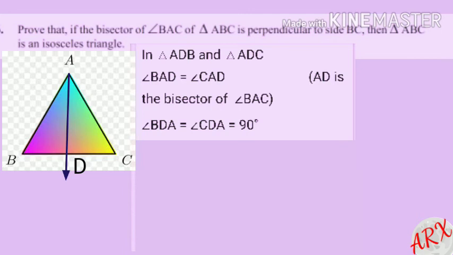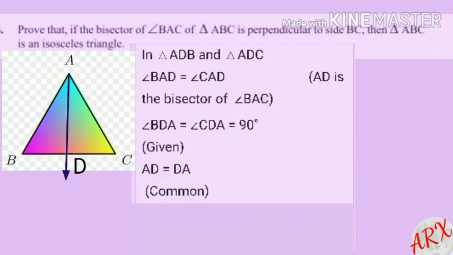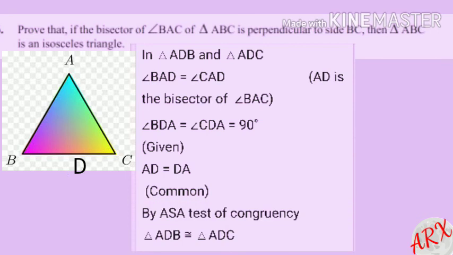Angle BDA equal to angle CDA, each of 90 degree, which is given. Now AD equal to DA, which is common. Therefore, triangle ADB congruent to triangle ADC by ASA test of congruency. Therefore, AB equal to AC by CSCT, that is corresponding sides of congruent triangles. Therefore, triangle ABC is an isosceles triangle.